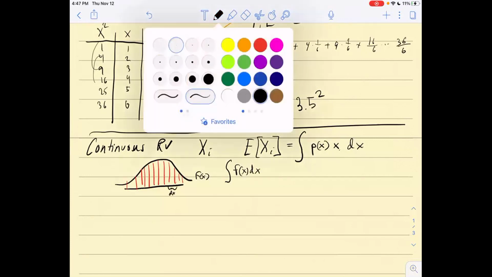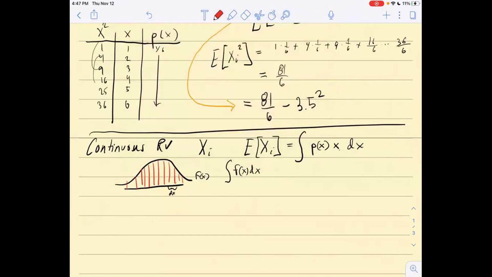One way to think about this is that you're adding up a bunch of little rectangles, where f is the height and dx is the width. So this is what you would do for a continuous random variable.